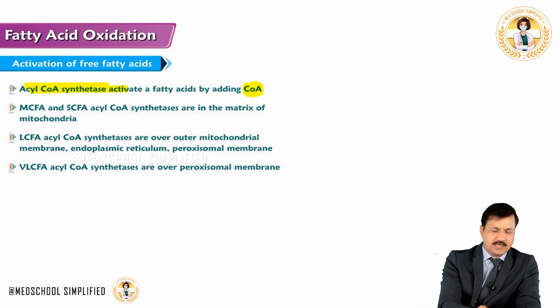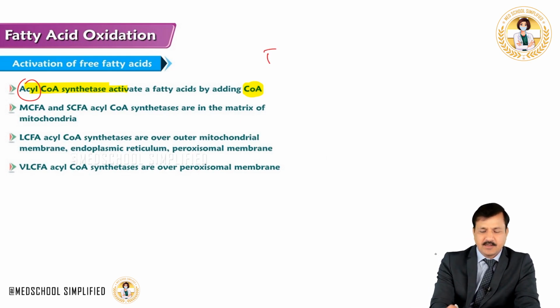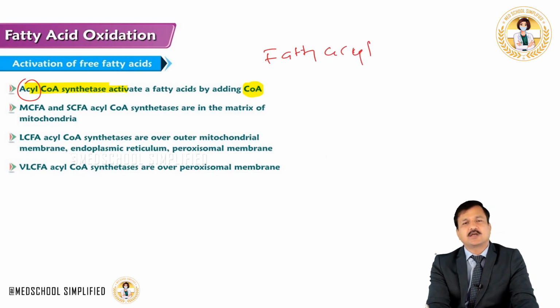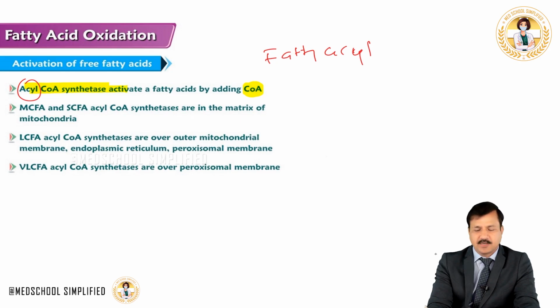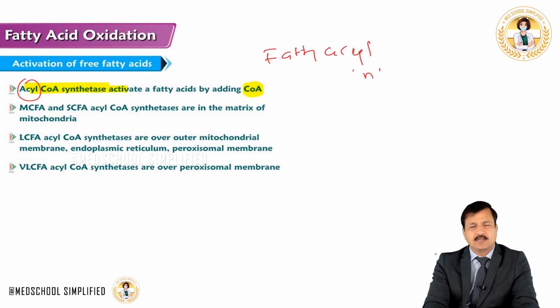Acyl is just a general name in the enzyme name. Acyl can be any fatty acyl. When I write fatty acyl, I am not mentioning the number of carbons in that particular fatty acid. It is just a general fatty acid. It will have N carbons, and we don't know what that N is.